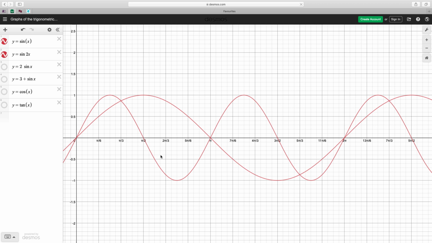Period, exactly. What was our period for sine of x? For the original sine of x, the period was 360 degrees.